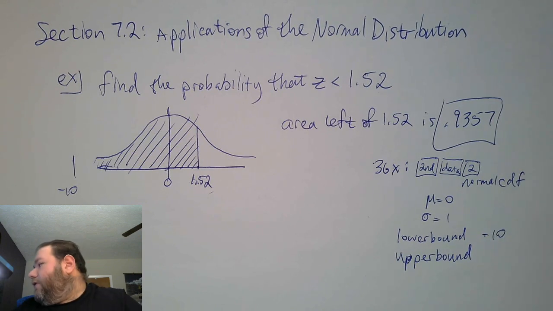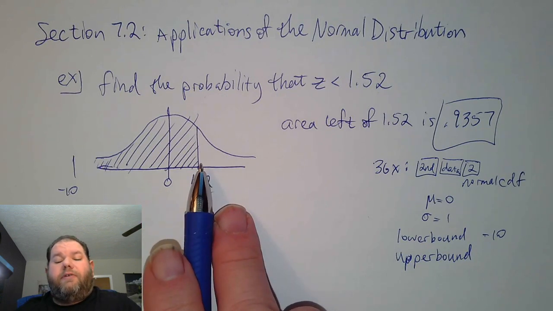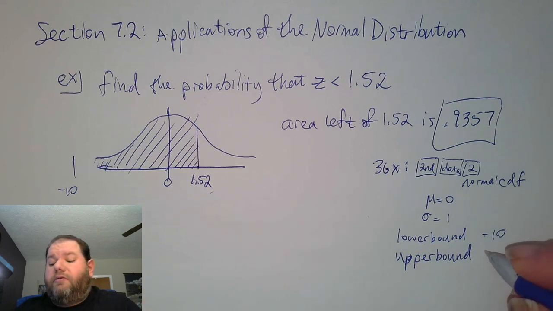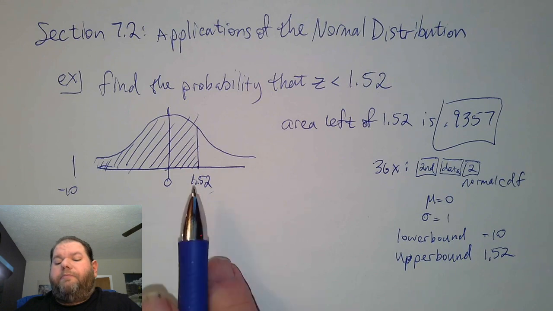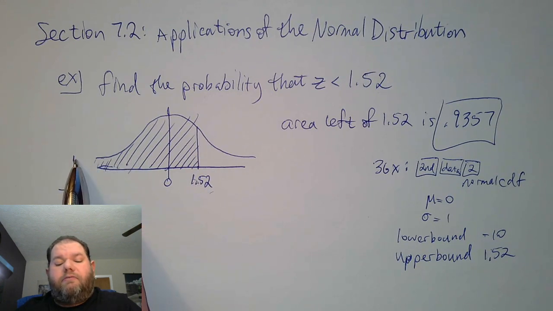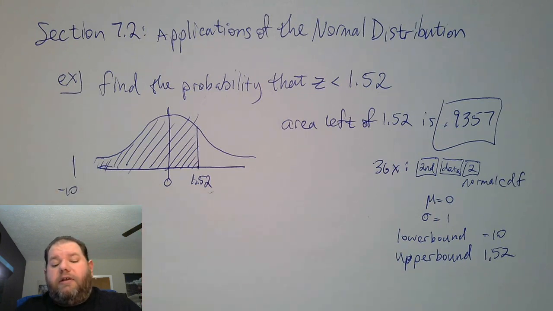Our upper bound will be basically whatever's on the right side of the shaded region, which is 1.52. The lower bound, we can say it goes to -infinity, but we can just use -10, and that is sufficient to give us the same number on the calculator.